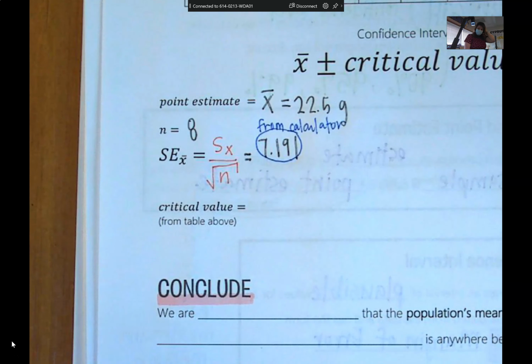So the critical values can be found on your pink table at the very bottom. So if you go to the very bottom of this pink table, you'll see that it says confidence level C. And then above it, you see the confidence levels. So 90%, 95%, 96%.